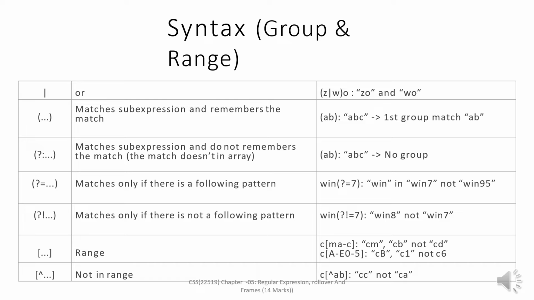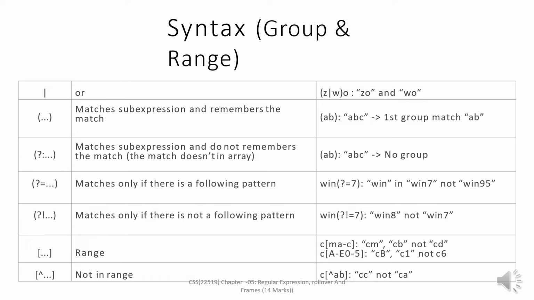Syntax for group and range. The pipe sign, z|w, means zo and wo. Parentheses match a sub expression and remember the match, for example (ab)c: the first group matches ab. Then (?:) matches a sub expression and does not remember the match, so in the ABC string, there are no groups.